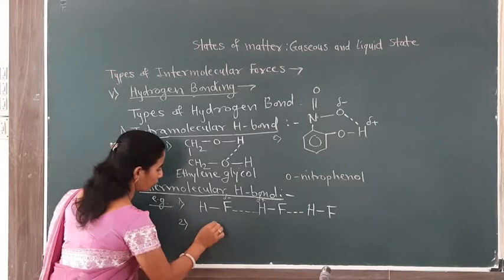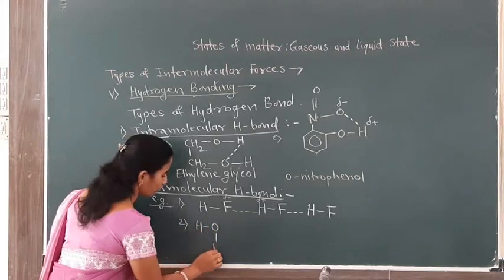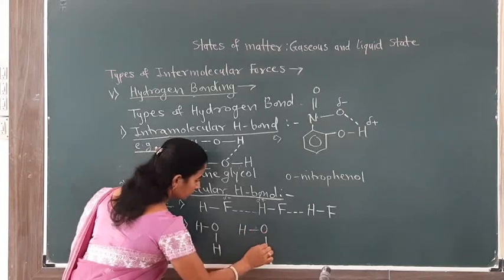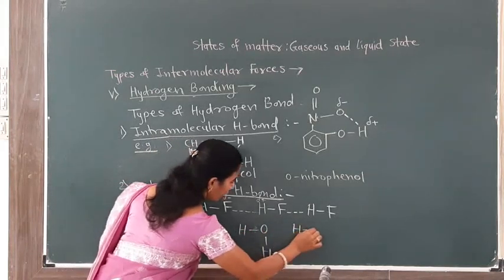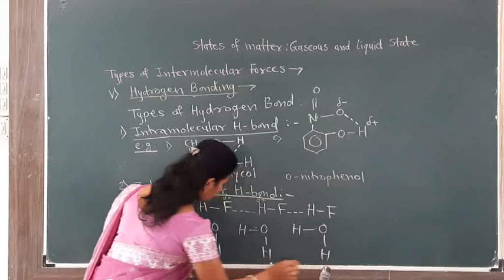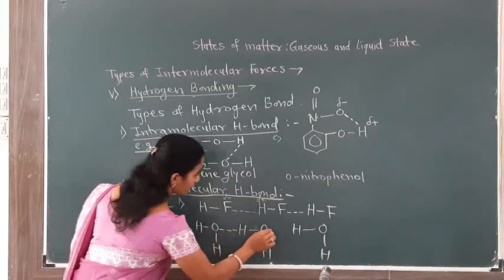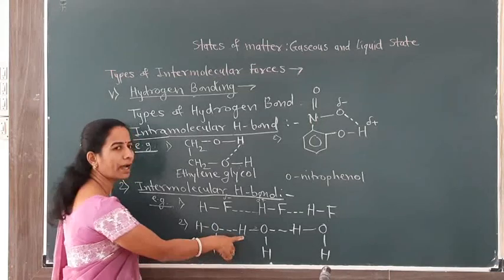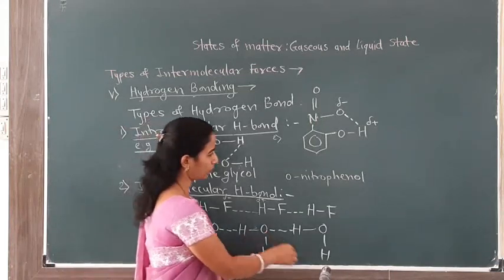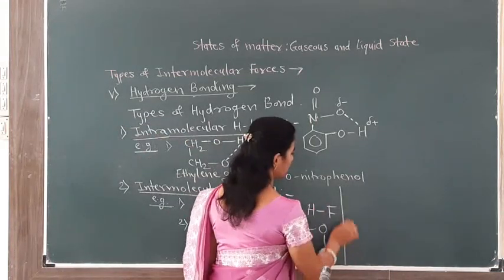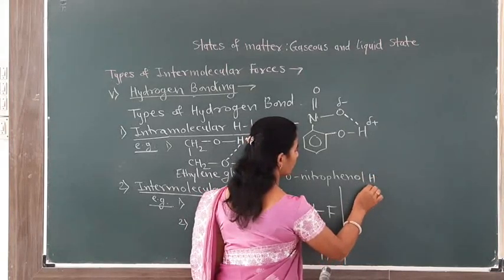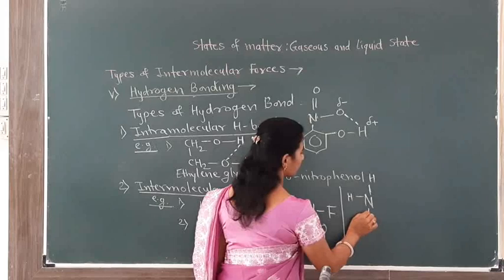Suppose H2O molecule. Already I have shown you those interactions. In case of H2O also, the bond is formed in this manner between the oxygen atom of one molecule and the hydrogen atom of another molecule. The third example, you can show the bonding in the ammonia molecule, NH3.